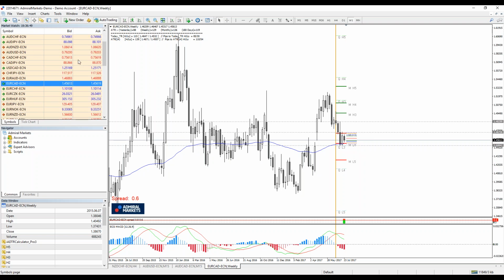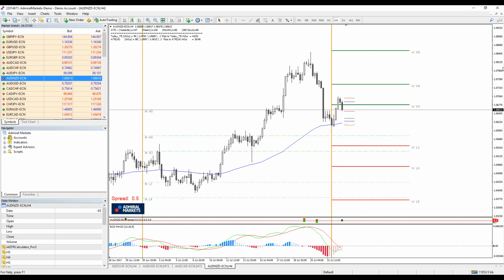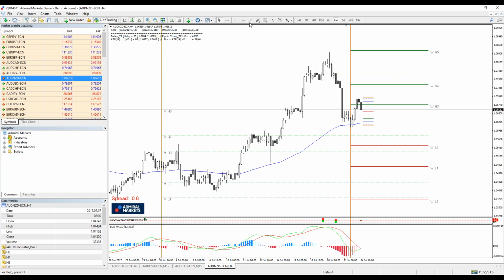Australian dollar, New Zealand. Okay, let's see. Australian dollar, New Zealand, it's losing momentum. This could be rejected again, but probably next time I think it would go down.